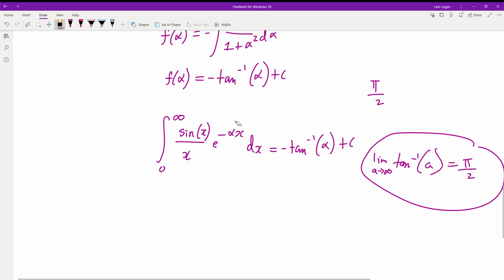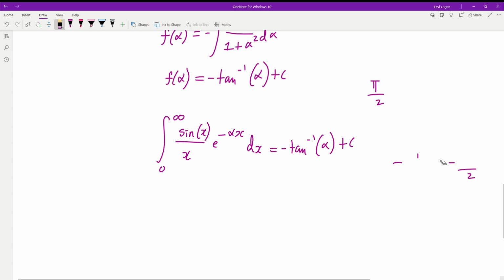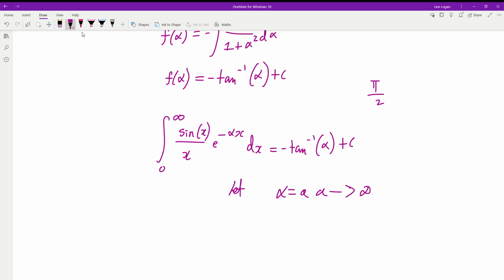So what we're going to do is pretty much let alpha equal infinity. Now that might be uncomfortable, but you could just say alpha is equal to a, and a approaches infinity. But just for ease, I'm just going to say alpha is infinity.